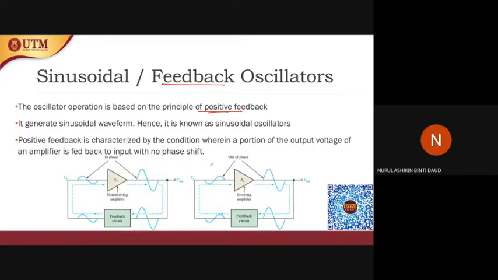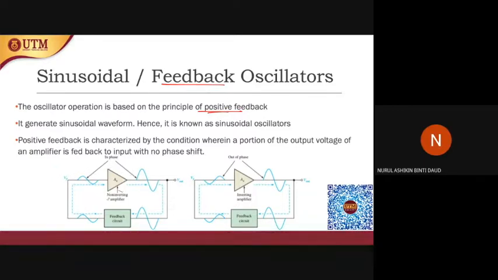For some amplifiers, the feedback circuit shifts the phase by 180 degrees, and some feed the input exactly as it is.